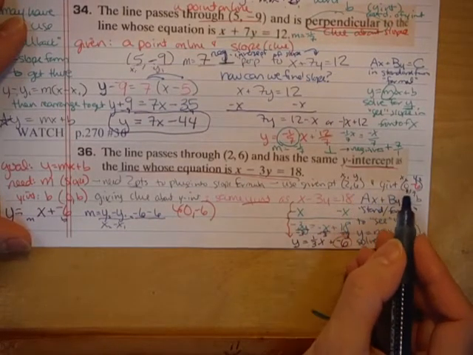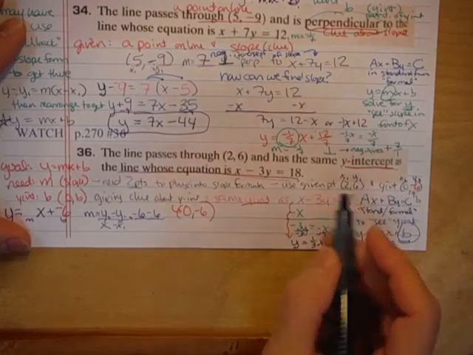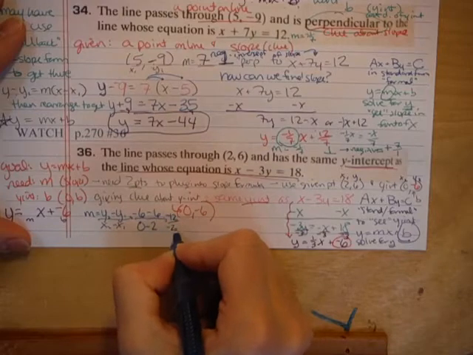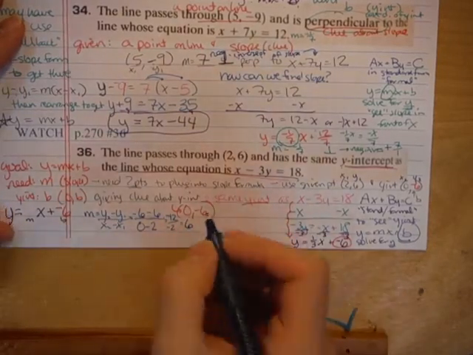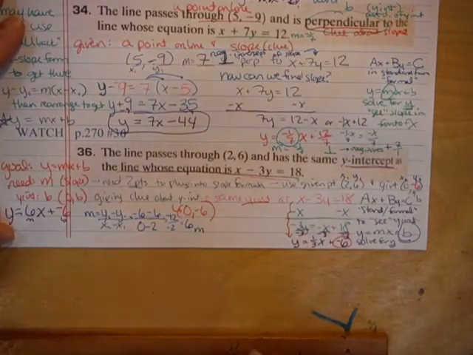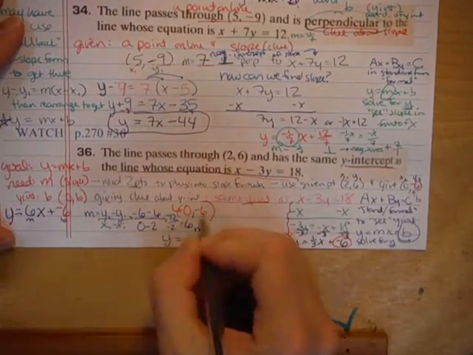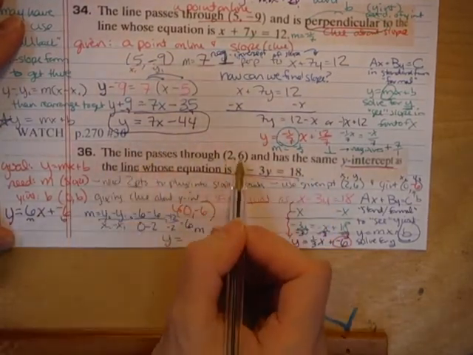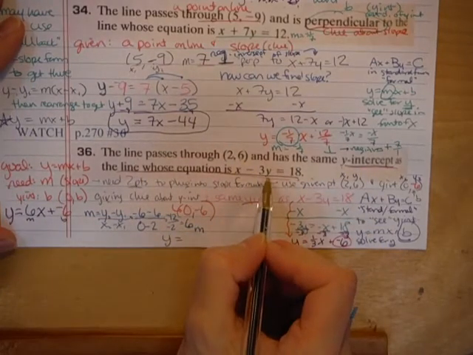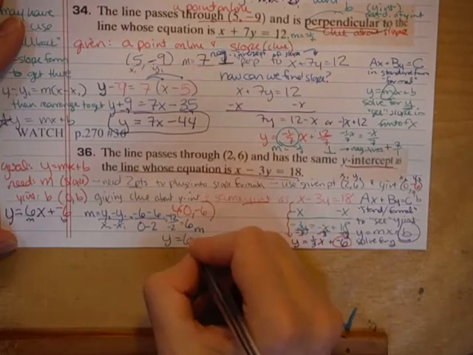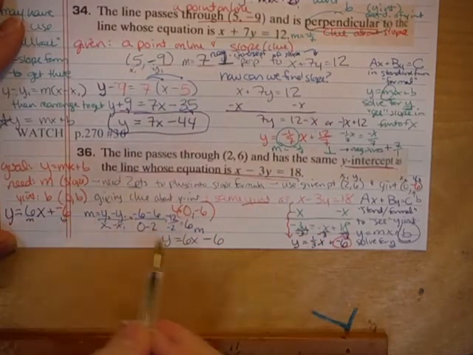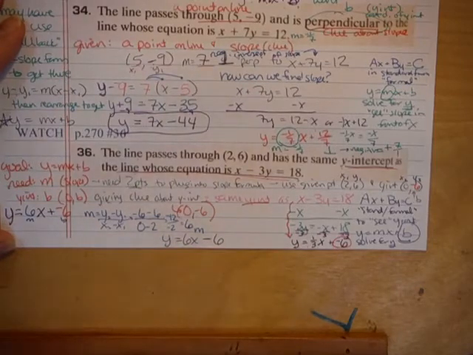On the bottom, x2 minus x1, 0 minus 2. And what I get is negative 12 over negative 2, which is a positive 6. So that's our m value. And so our final version of the slope-intercept form of the line that passes through (2, 6) and has the same y-intercept as this equation, x minus 3y equals 18, is y equals 6x minus 6. There's our slope, there's our y-intercept, y equals 6x minus 6.